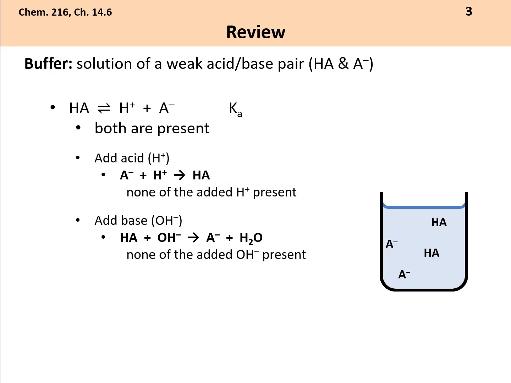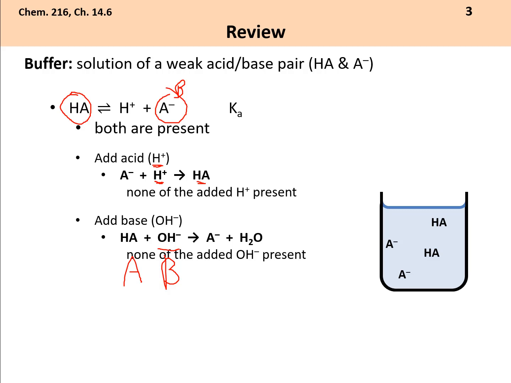Okay, so let's say I have a buffer. I have a weak acid and I have a weak base. I have a pair. And all of a sudden I add in some H+. What happens is that H+, which is an acid, reacts with the base to form HA, the acid. If I added in instead OH minus, that's a base, it would react with the acid in my buffer.